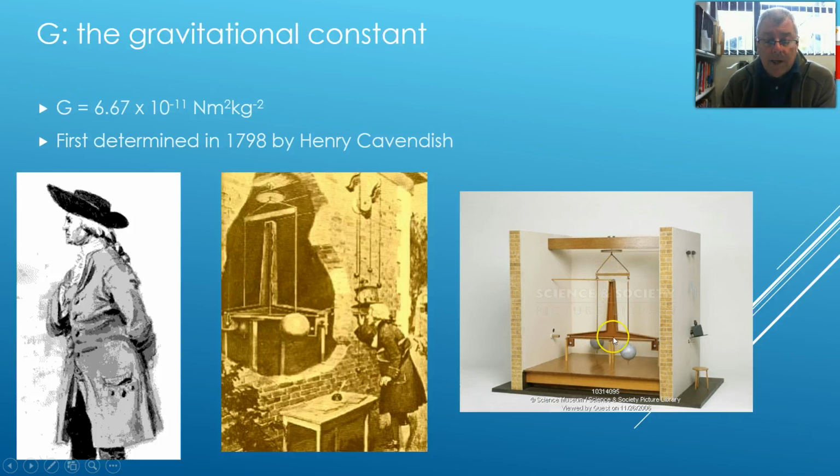He would move these large spheres distances away from the smaller spheres, and he had a very fine hairline microscale that he would look through a window to measure how much force it took to exert on each of those. It's a force of attraction, so he could measure that.